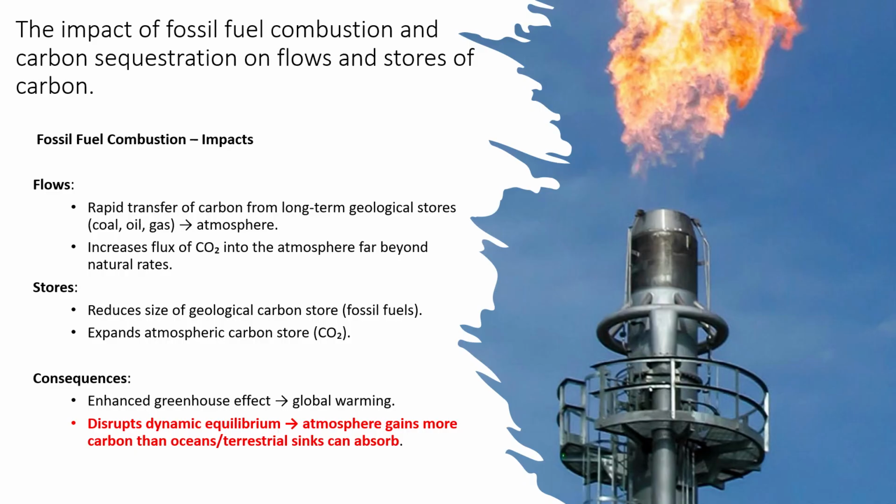That burning, that flaring that you can see here is going to generate carbon dioxide that goes into the atmosphere and takes the carbon cycle out of balance, out of equilibrium. But equally, combustion, cars, transportation, within our homes, to heat our homes, for cooking, all forms of combustion, not just flaring, will put more carbon into the atmosphere. And the key thing here is the bottom bit in red. It disrupts that dynamic equilibrium.